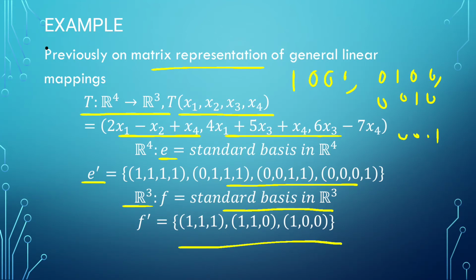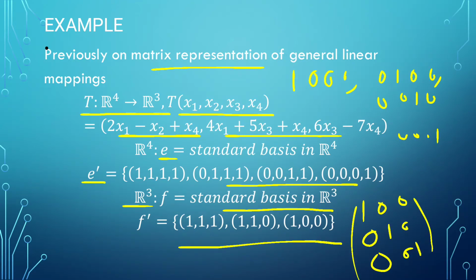That is what we call the standard basis of E. The standard basis of F will be 1, 0, 0, shift to 0, 1, 0, shift to 0, 0, 1. So these are the standard basis of F. I think now we are together, we can see that.